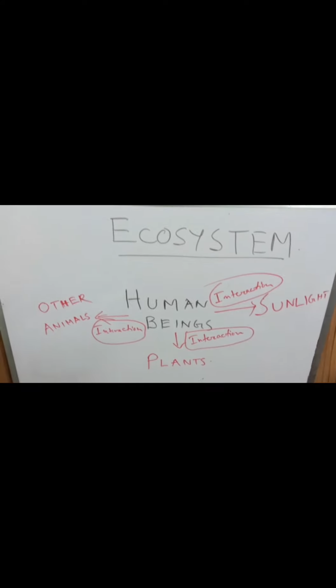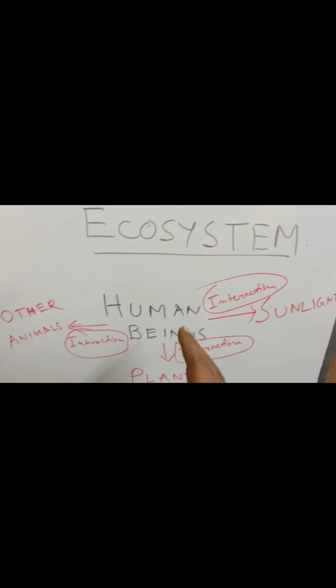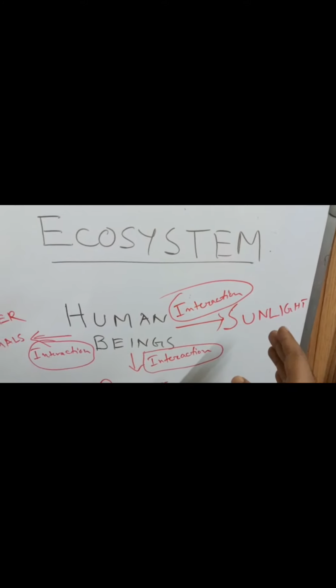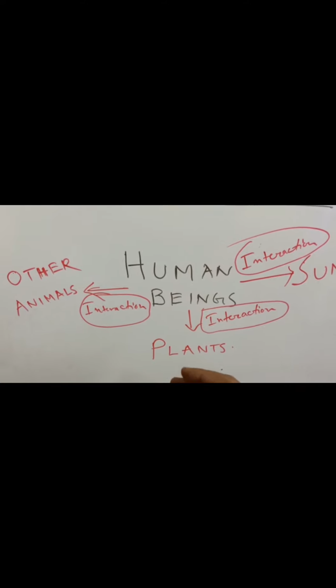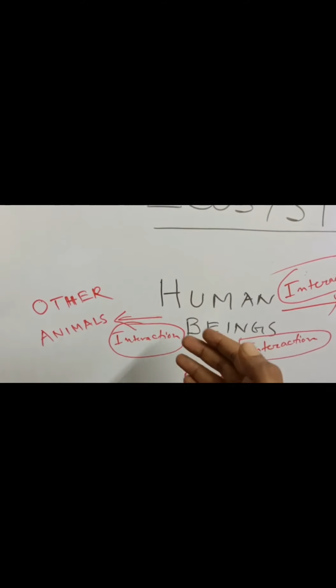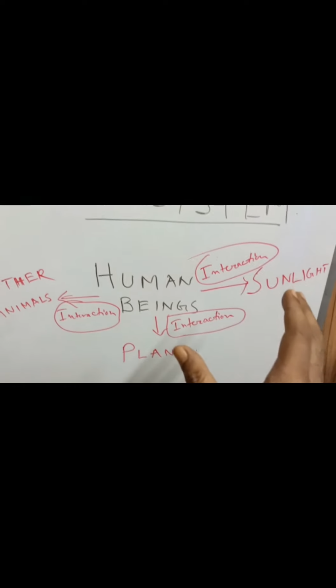For example, human beings interact with sunlight. They also interact with plants and with other animals. So this is an example of ecosystem.